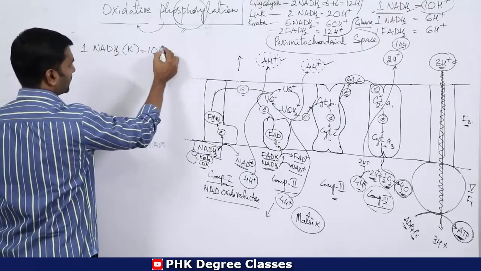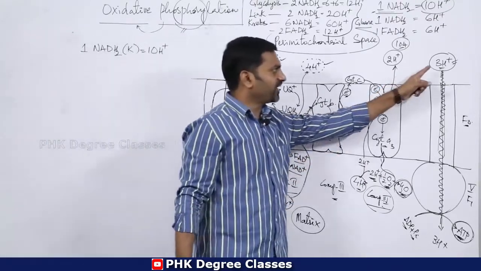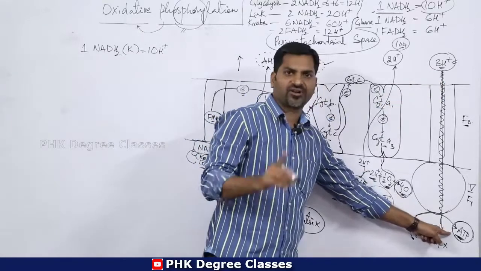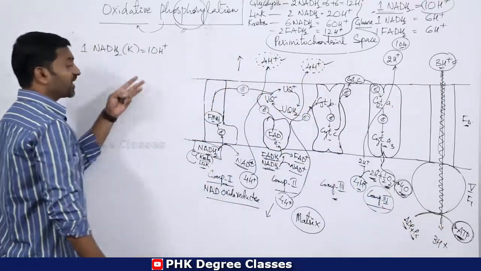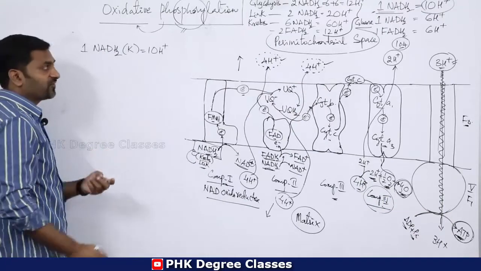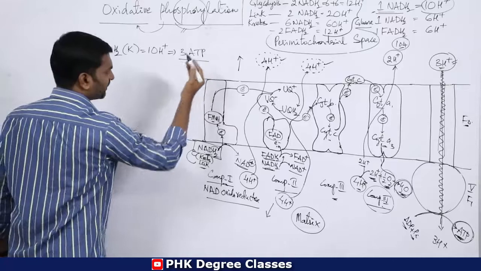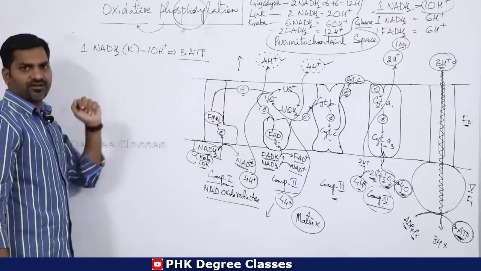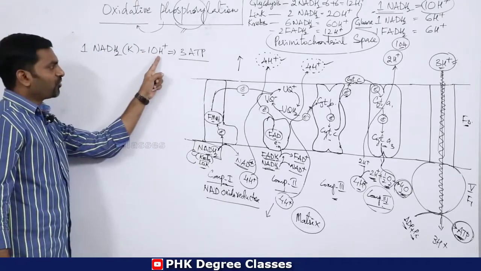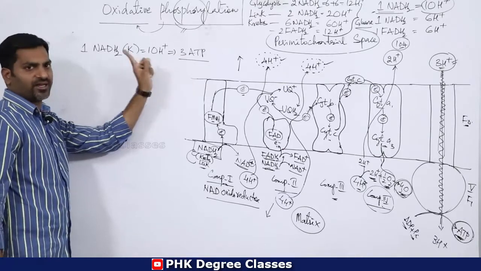For every 3 protons there is a formation of one ATP, so 10 protons are equivalent to how many ATPs? Approximately 3 ATPs. So 10 protons are equivalent to 3 ATPs.